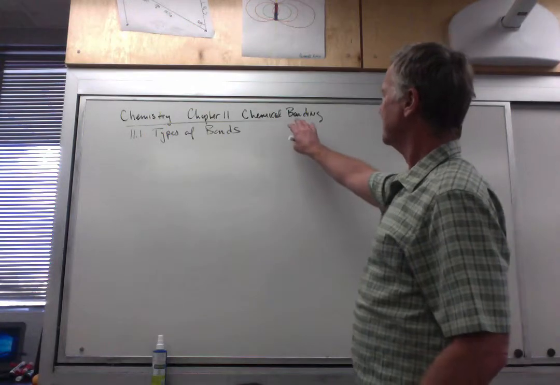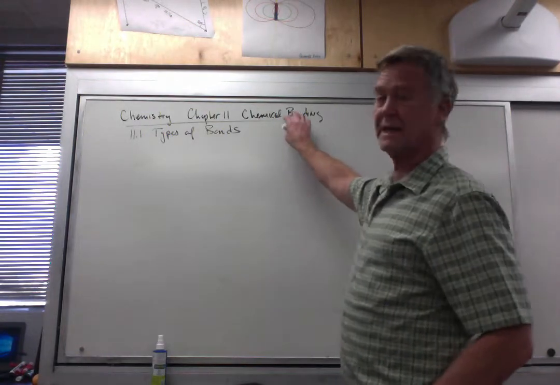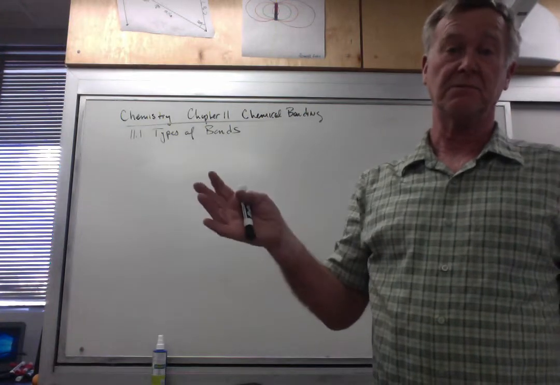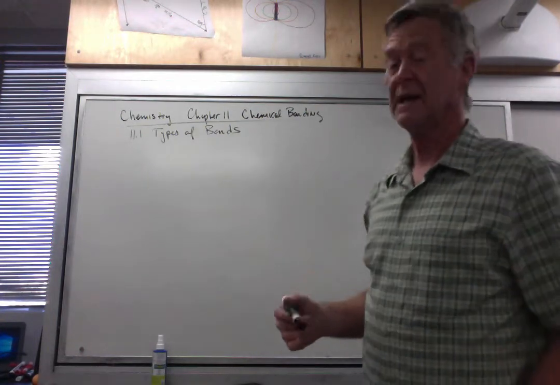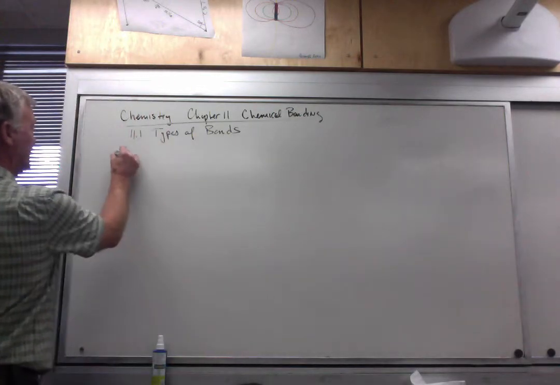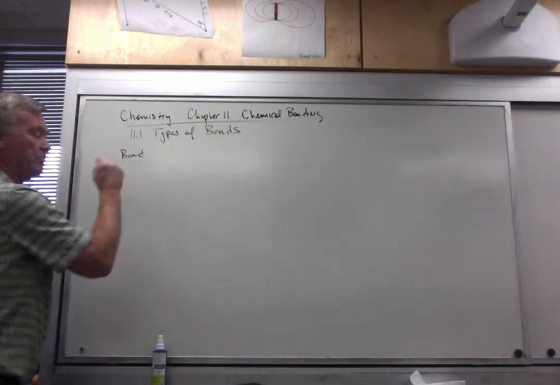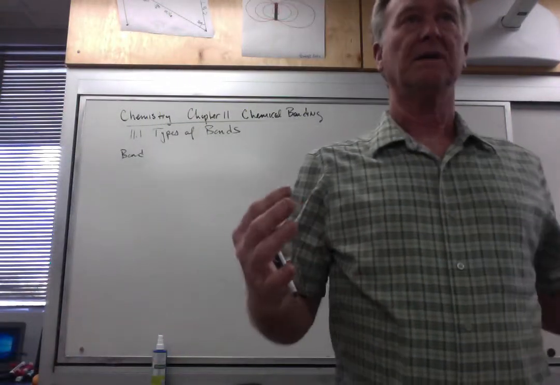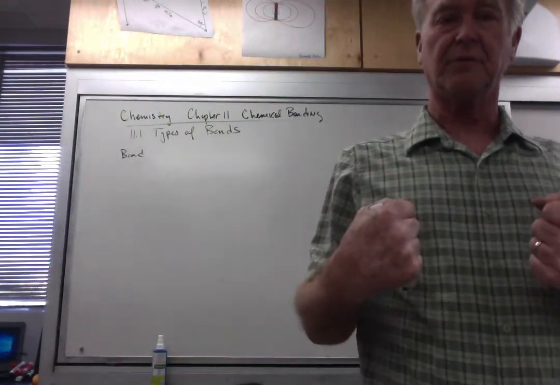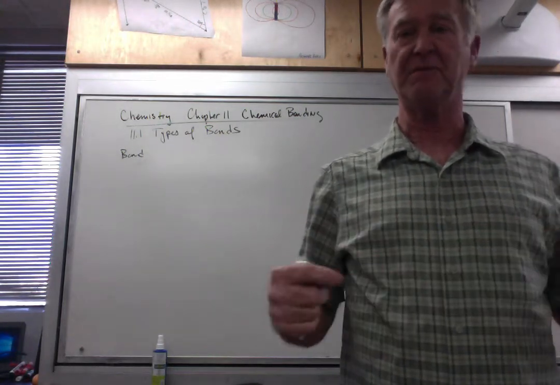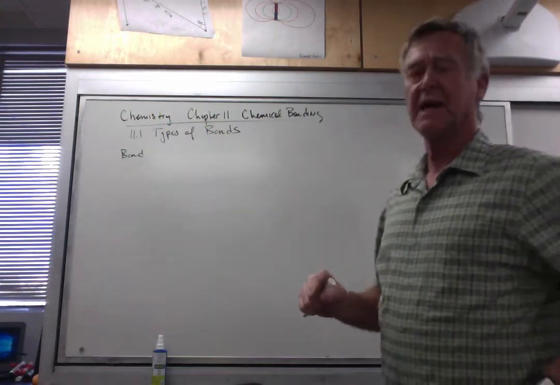We're going to be talking today about chemical bonding. In fact, that is the topic until the end of next week, at least. When we talk about the word bond, it is something which holds things together. If you think of the word bondage, of somebody being in bondage, it means something's holding them together.